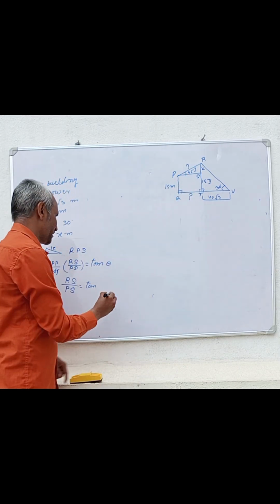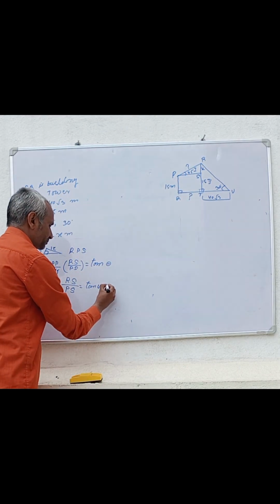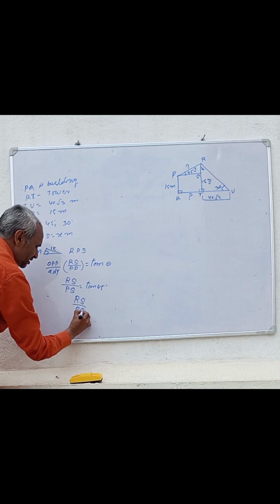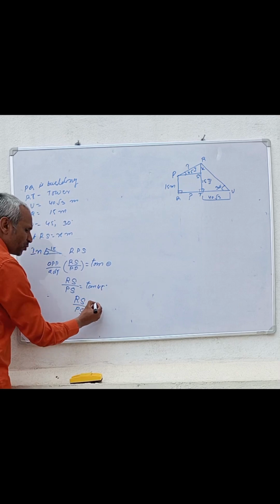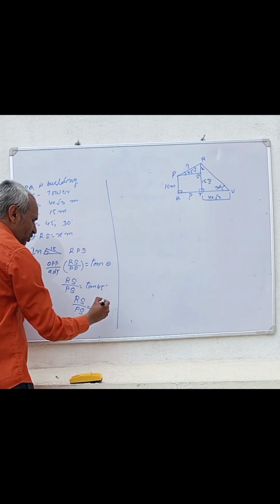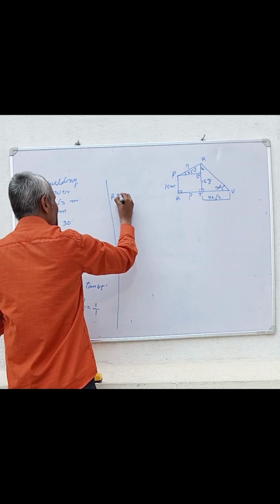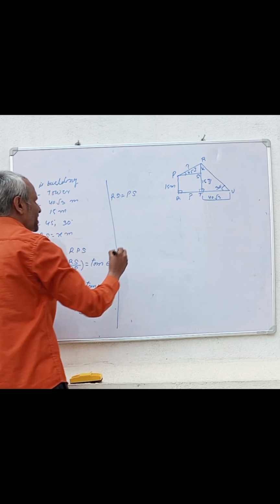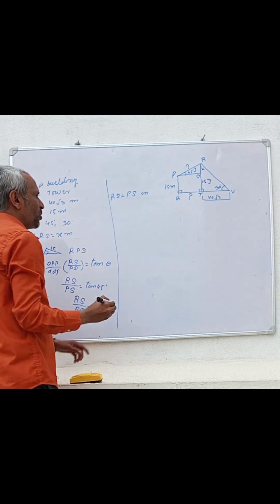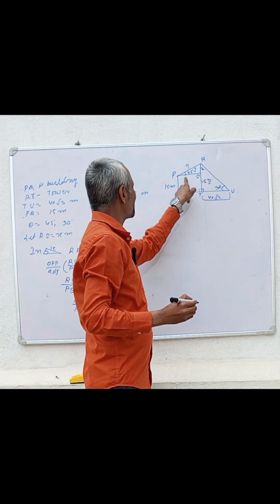Angle given 45 degree. Now RS by PS is equal to tan 45, 45 value is 1. So 1 by 1 we can write. Now by cross multiplication we can write RS is equal to PS. We found RS is equal to PS.